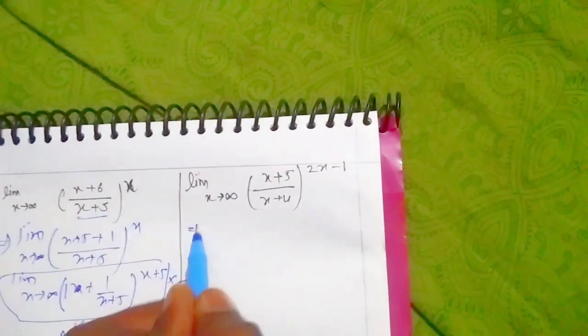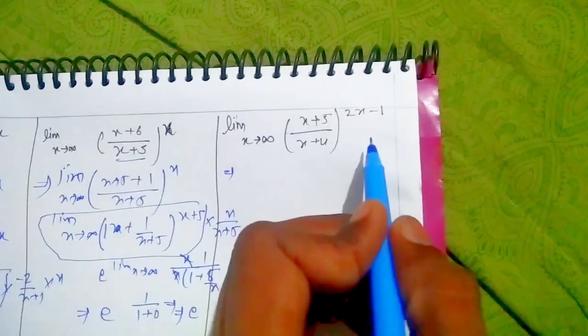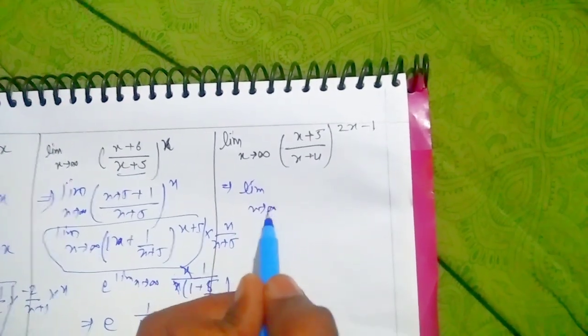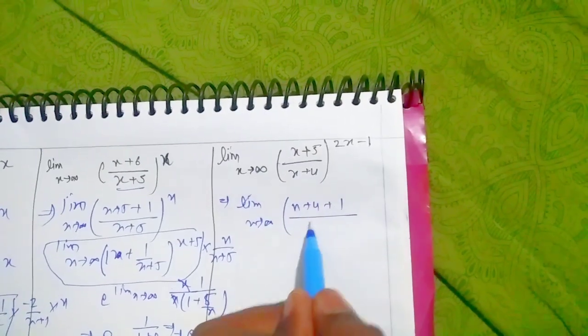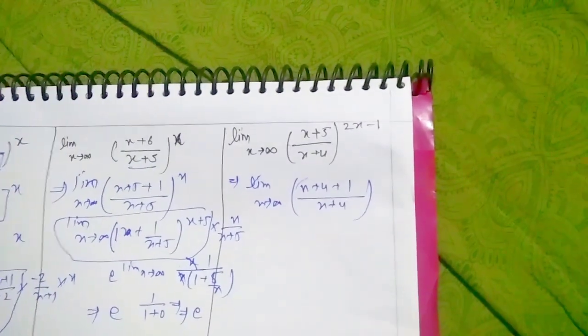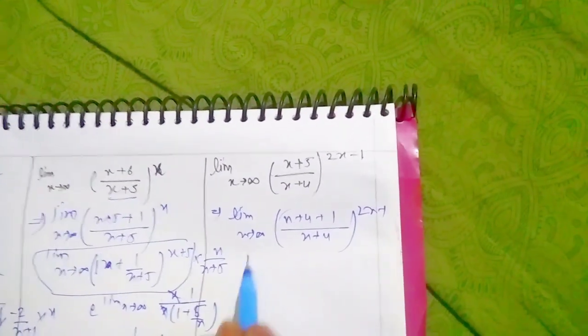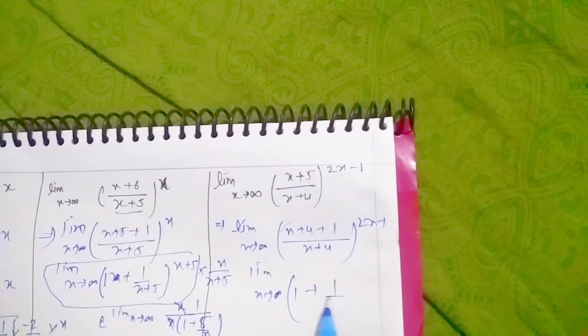Now come to the another last question. The last question is x, so x tends to infinity, we have to make this one like that, so x plus 4, when we add this number it gives us x plus 5. Okay, 2x minus 1, limit x tends to infinity, it gives us 1 upon x plus 4.